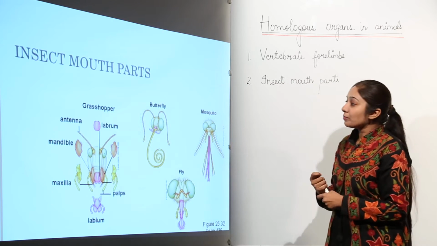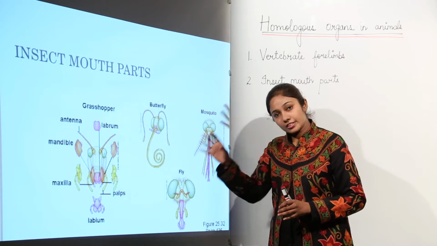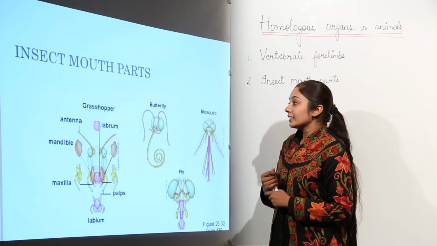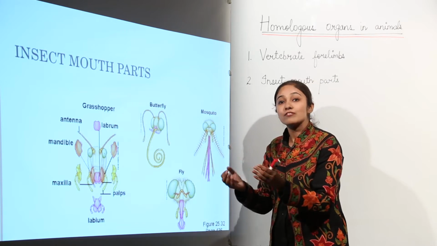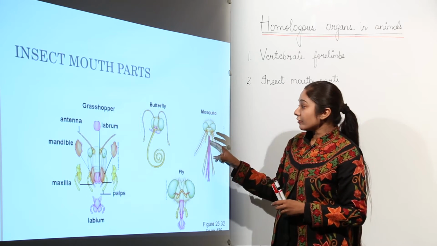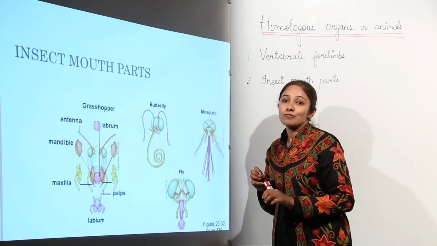But if you talk about the function of all these mouth parts, they are different in different individuals. If you talk about an insect such as grasshopper, these mouth structures help the grasshopper to chew solid food, right? In case of butterfly, these structures help the butterfly to suck nectar from flowers.